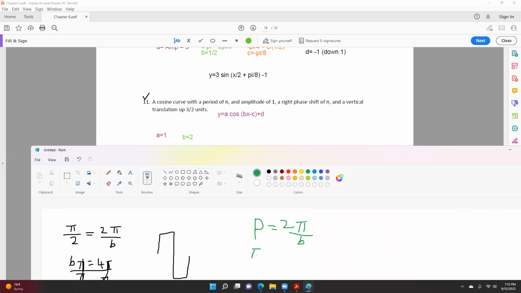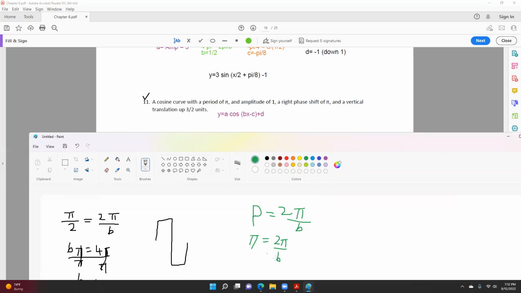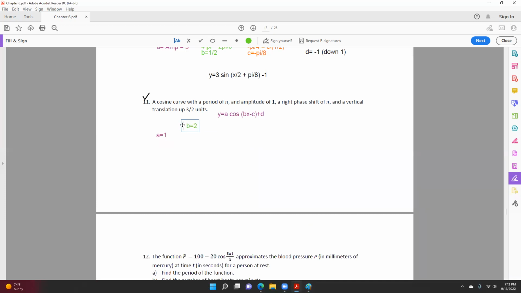So if we do 2 pi over P, which equals pi, and solve for P, you get 2. So when you solve for B, you will get 2. That is correct. So B is 2 in this case.